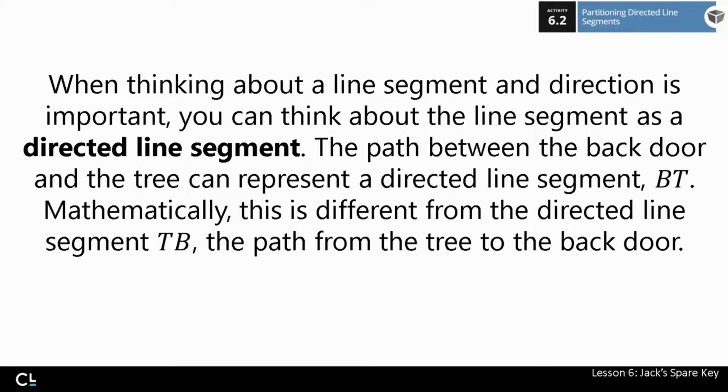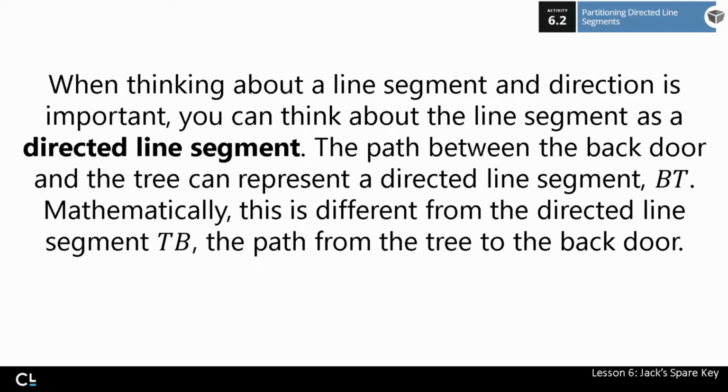So we see something here and it says, when thinking about a line segment and direction, it's important. You can think about the line segment as a directed line segment. So it's a line segment with direction. The path between the back door and the tree can represent a directed line segment, BT. Mathematically, this is different from the directed line segment, TB.